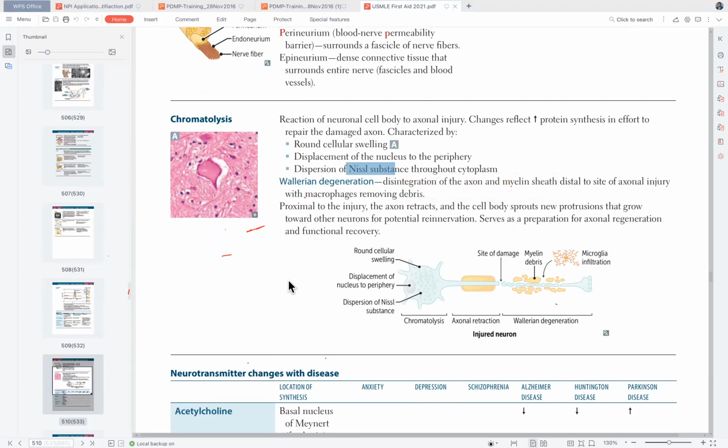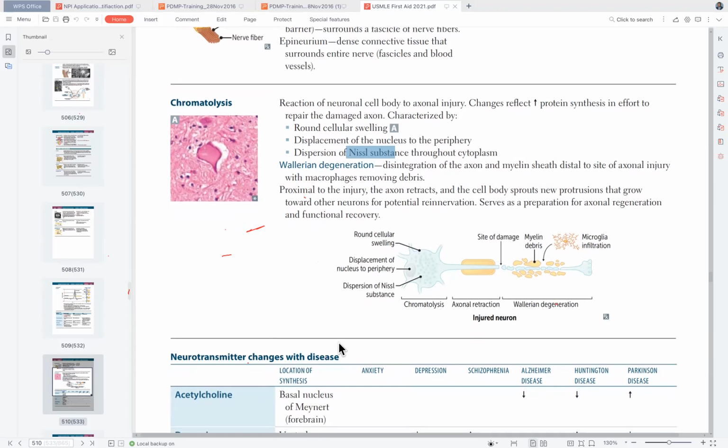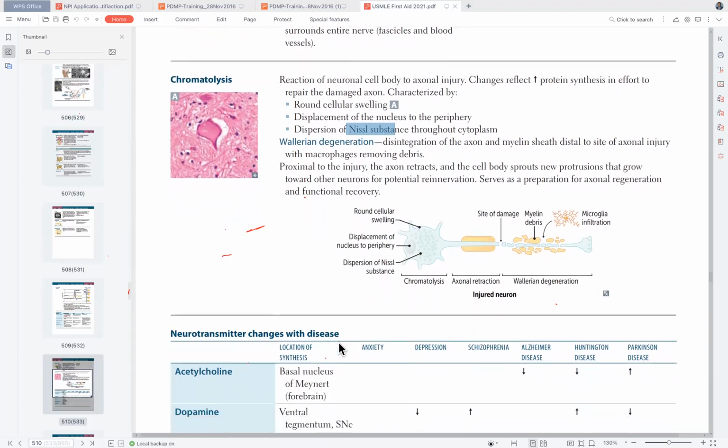The age of the injury. Yes, and also whether it can be reversible or irreversible. Okay. I'll check that one out today. Yes, you should check that.